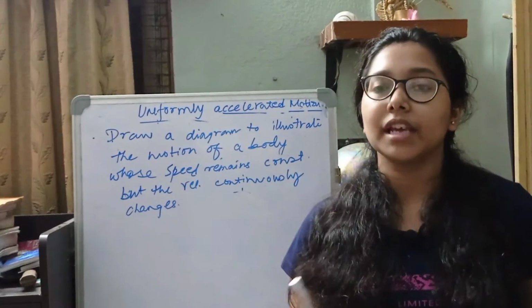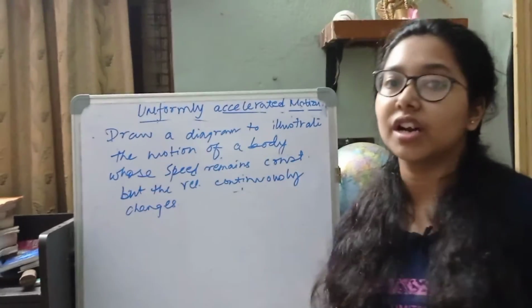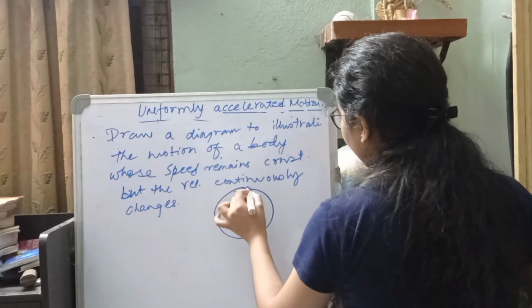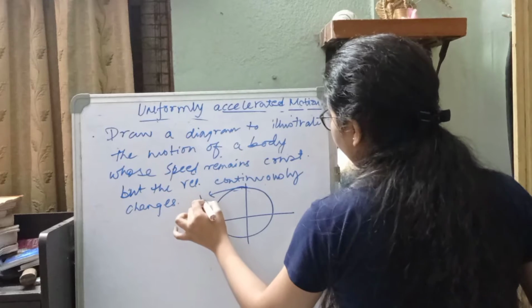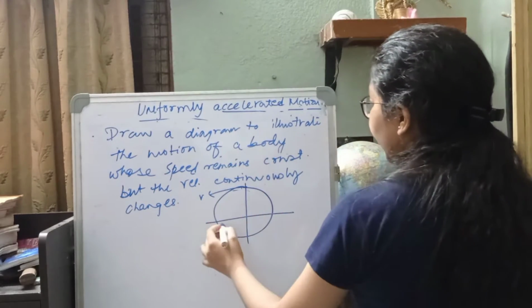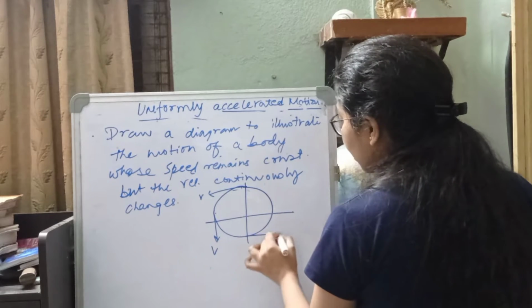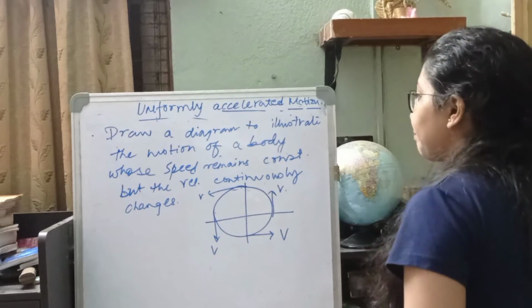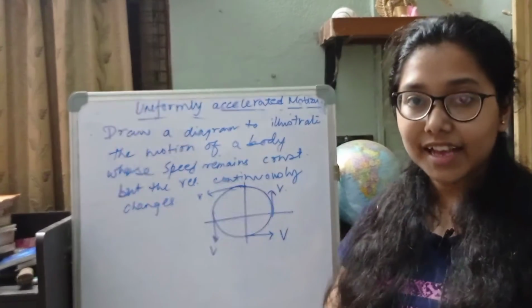The speed will remain constant but the direction at every point of the circular motion will keep on varying. So the diagram will be that of a circular motion. A particle in circular motion will have the same speed but different velocity because of the change in direction. Okay, so now we will be moving towards the next question.